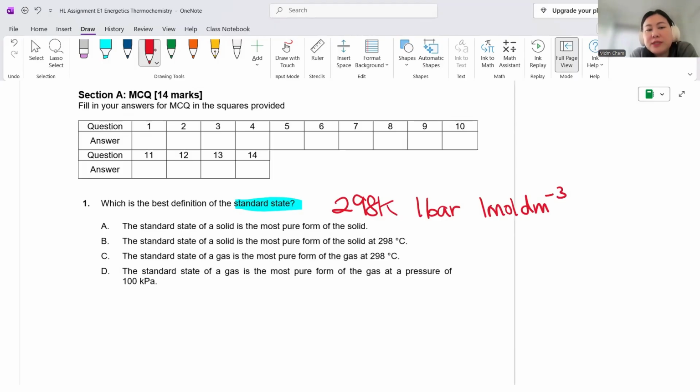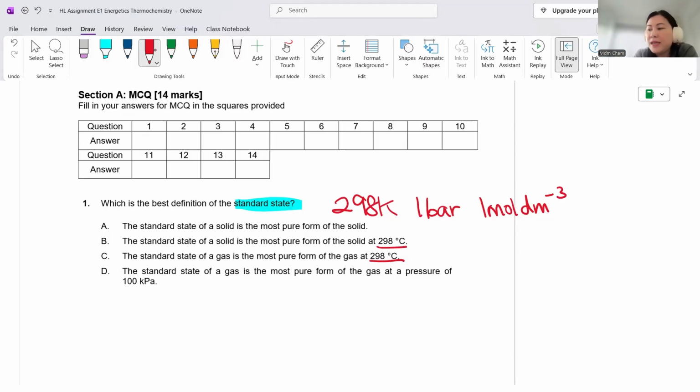So let's read the options. Standard state of a solid is the most pure form of solid. It's like not much information there. Standard state of a solid is the most pure form of the solid at 298 degrees Celsius. The standard state of the gas is the most pure form of the gas at 298 degrees Celsius. And the standard state of the gas is the most pure form of the gas at a pressure of 100 kilopascal. So which is the most correct answer? So if you look carefully at B and C, they look like they are the answer, but look at it carefully, the units, this is 298 degrees Celsius, not 298 Kelvin.